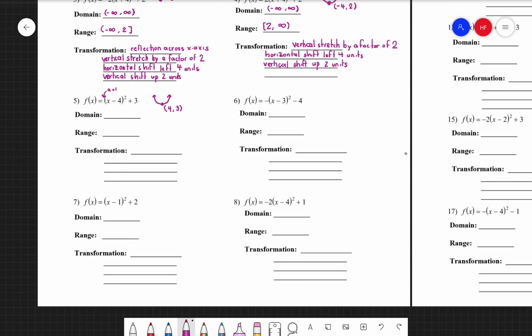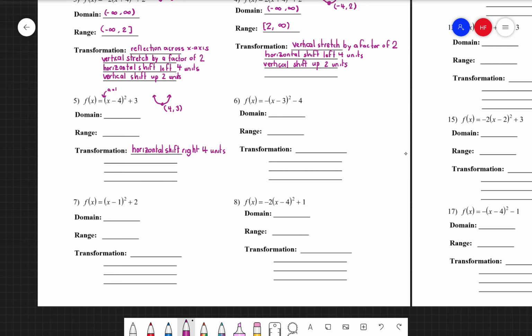So the right movement will be a horizontal shift, right 4 units.